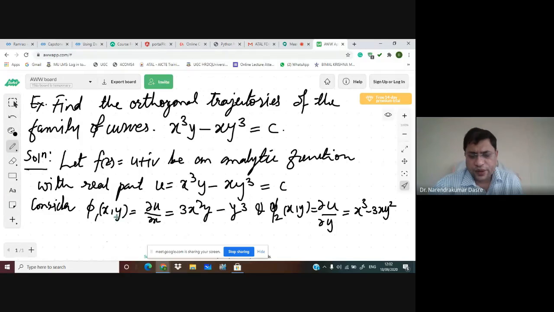Now we have to consider the next step. What we have to do is put x is equal to z and y is equal to 0. So you tell me, are you done with this? Have you written this one?